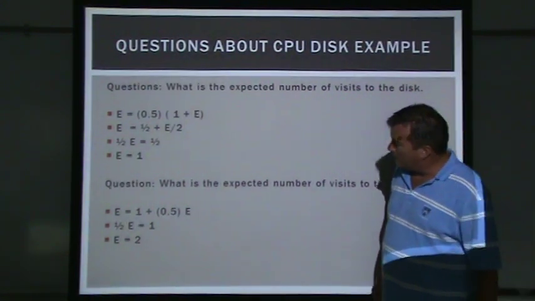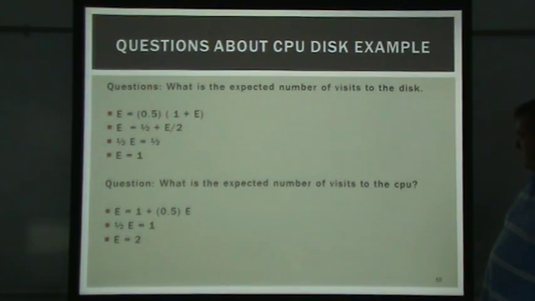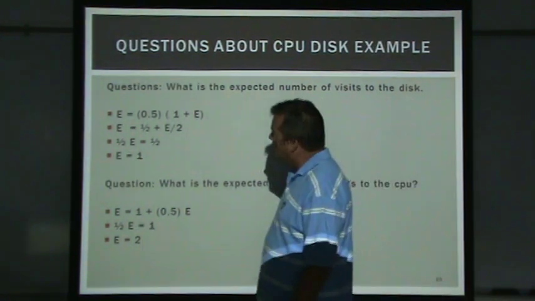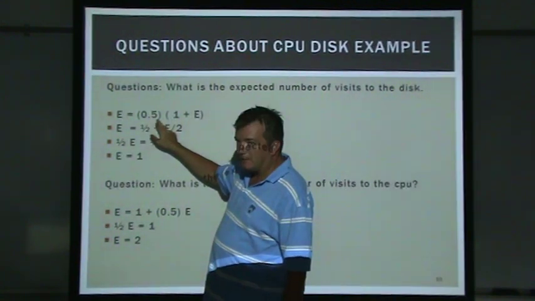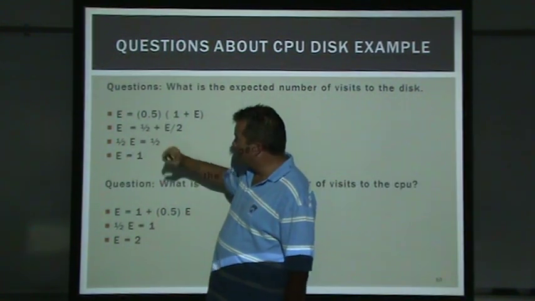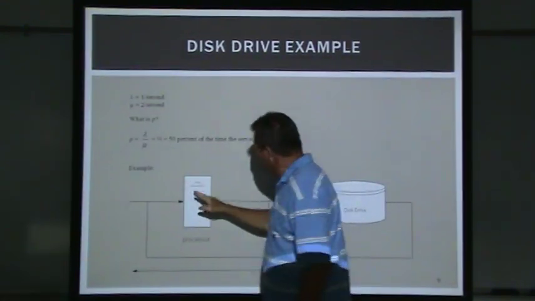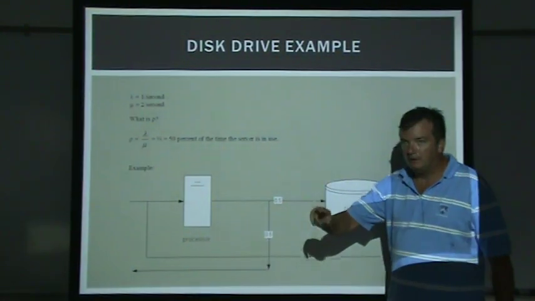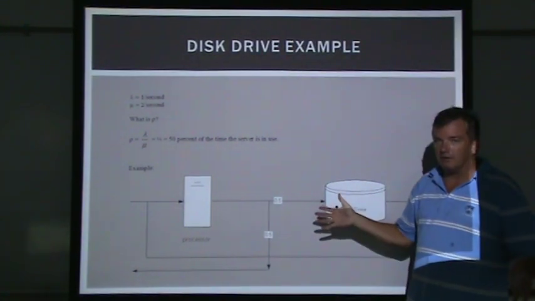So the disk drive. I think I got these backwards. Oh no, sorry, okay. The expected number of visits to the disk drive, for this picture: how many times do we go to the disk drive? Half the time it will be 0, and half the time it will be 1 plus you're starting all over again.